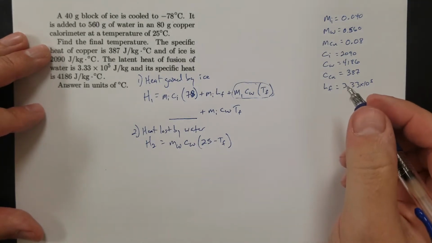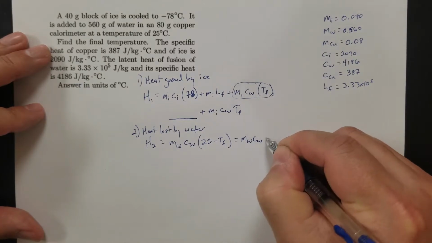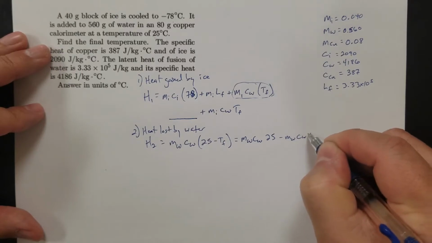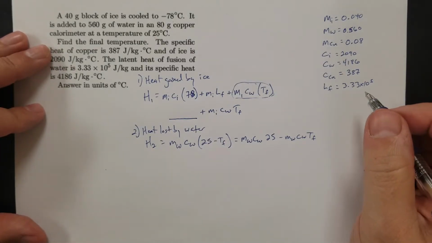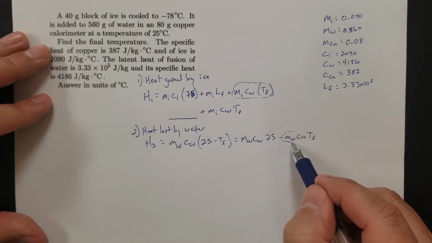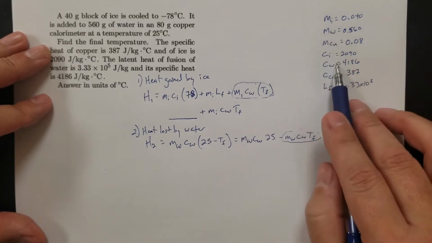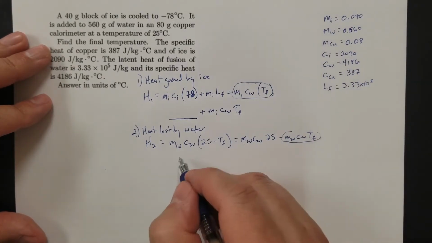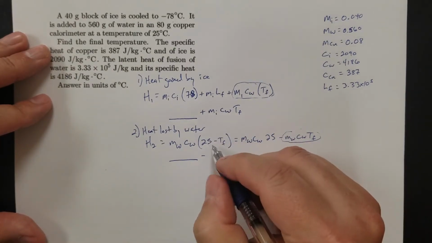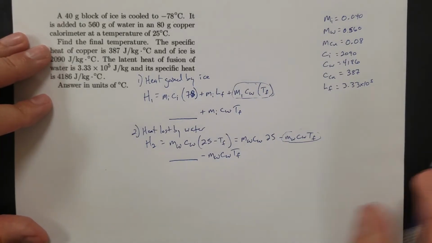So that's equal to mass of the water, specific heat of water, times 25 minus mass of water, specific heat of water, TF. So when I do this one, again, this is going to be a number, and I'm going to leave this one as a variable because I don't know TF. But I can multiply mass of water times specific heat of water times 25 and get another number. And so for H2, I'm going to get something minus mass of water, specific heat of water, TF. Okay, now I got H2.